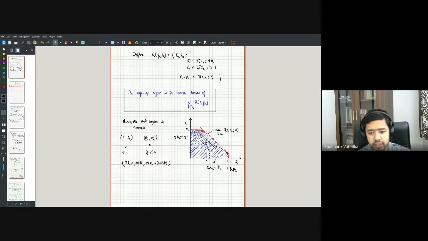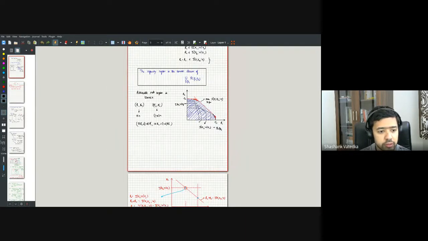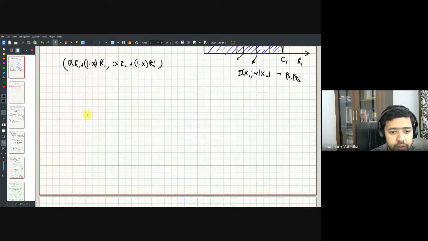Or another way, a better and sometimes more convenient description is the following. So the capacity region can also be described as follows.